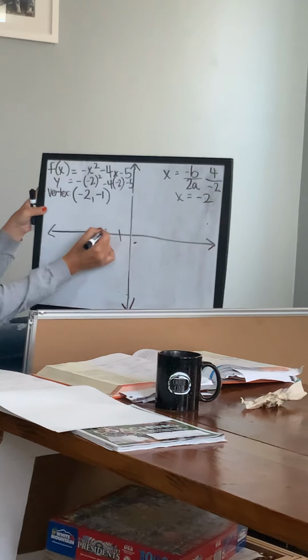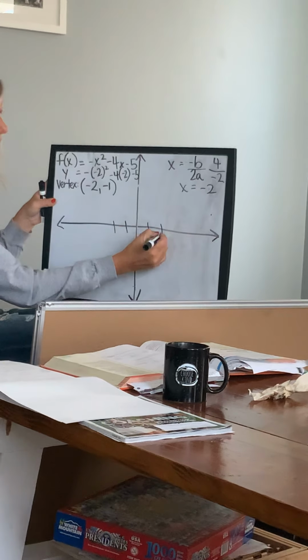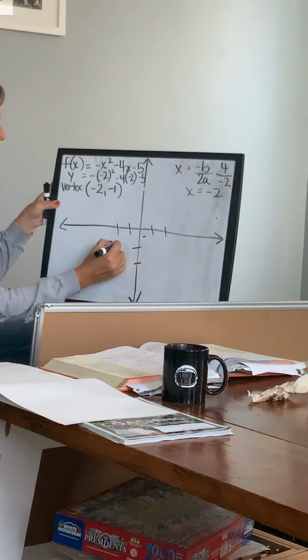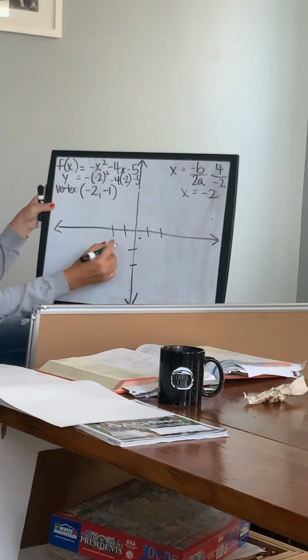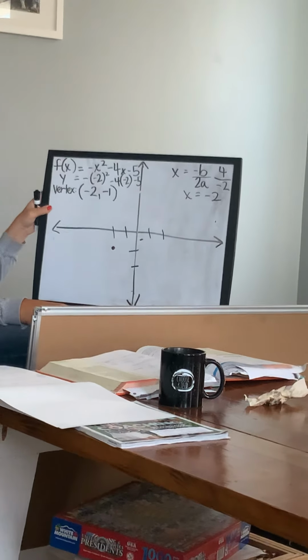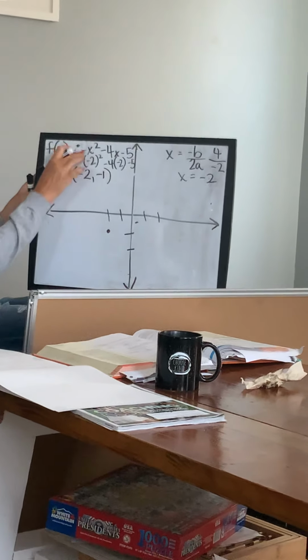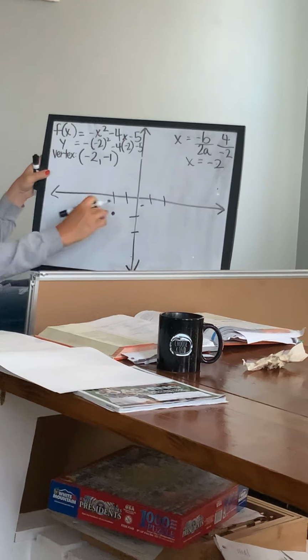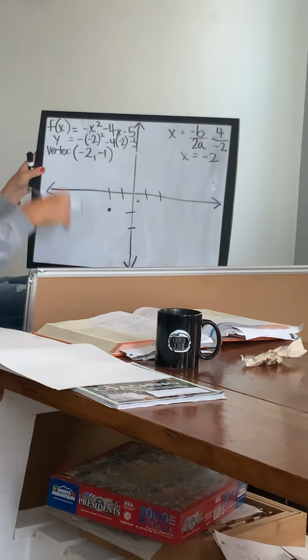So we come over here, negative 2, negative 1. That is our vertex. We know it's a maximum value because it's less than 0, so we know our graph's going to go this way, okay?